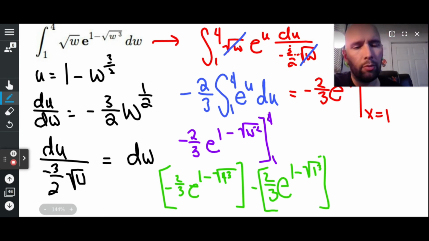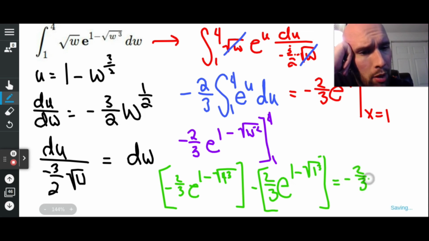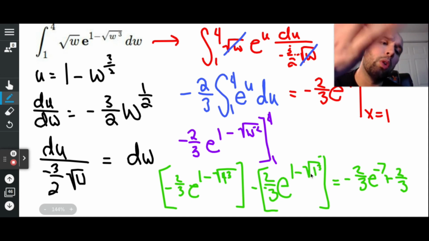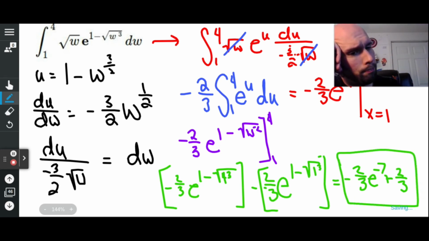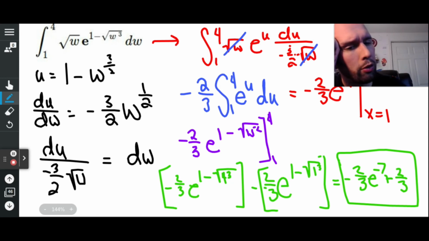So what I have is 1 minus 8. So I get negative 2/3 e to the negative 7 minus negative 2/3. That should have been a negative, so plus 2/3. That becomes 1. 1 minus 1 is 0. e to the 0 is 1. And 2/3 times 1 is just 2/3. If I had more space, I would have made that negative 2 over 3 e to the negative 7 plus 2/3.